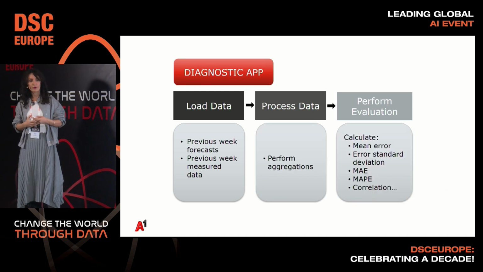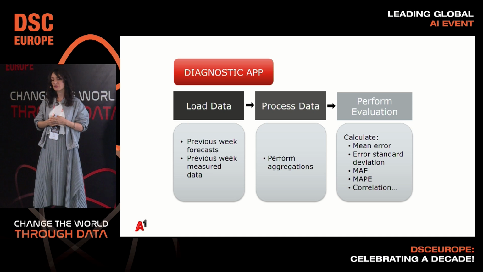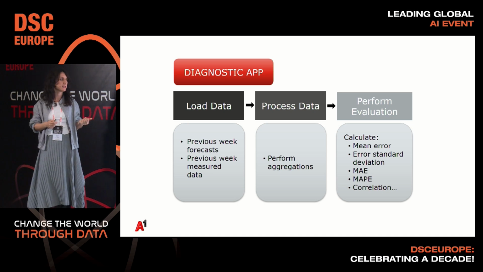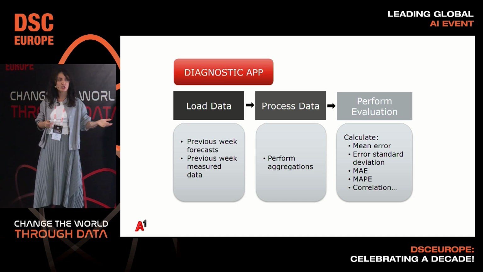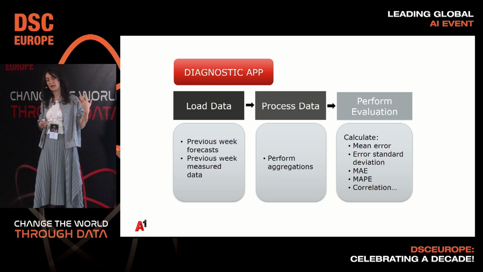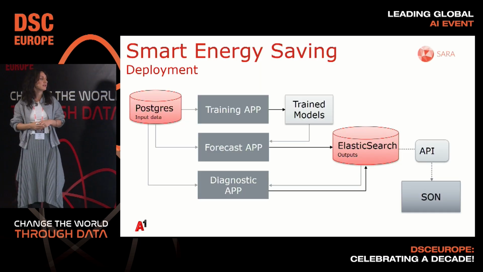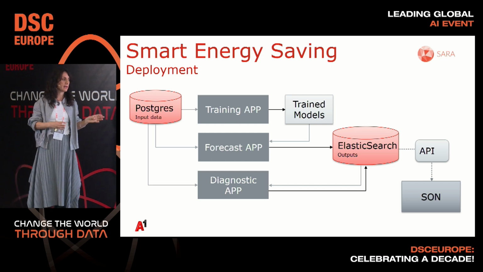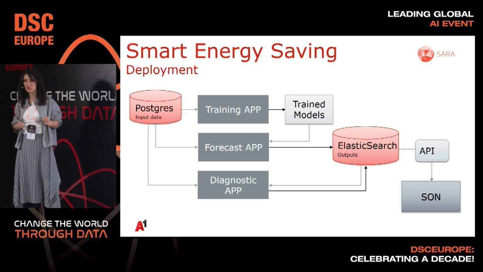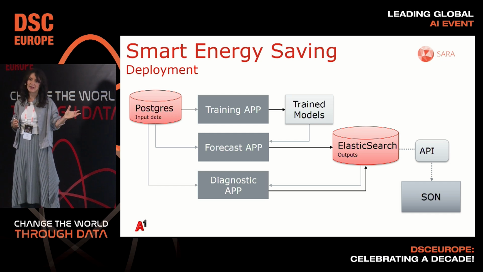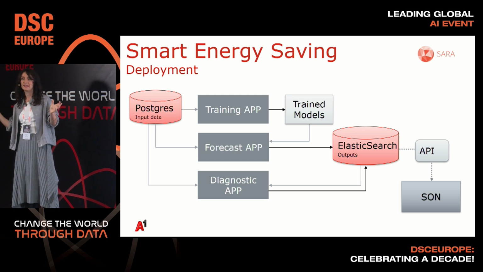By evaluation or by comparing, I'm considering calculation of some pretty standard statistical metrics such as mean and standard deviation of the error, mean absolute percentage error, correlation, etc. And finally, all these results are integrated into the SON application, and this way, by combining forecasted results on one side with domain-specific logic on the other side, we enabled adaptive power management, and we enable scheduling cells for the power-saving mode.